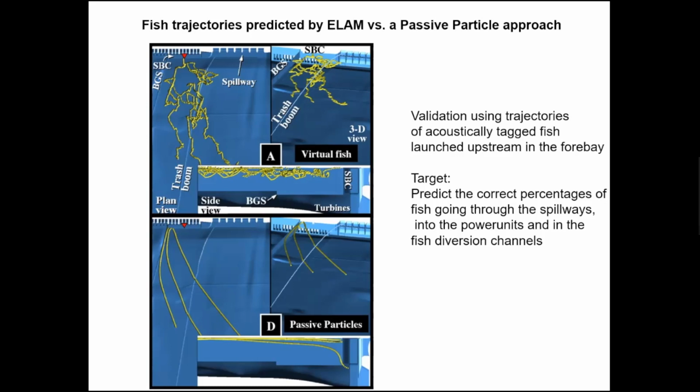Then they compute percentages. What is the percentage of fish for that operation which went through the spillways? What is the percentage that went into the powerhouse units, and from there into the fish collection channel? Or what is the percentage of the fish that went through the turbines?